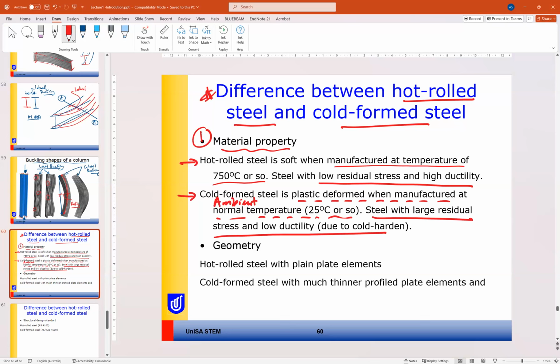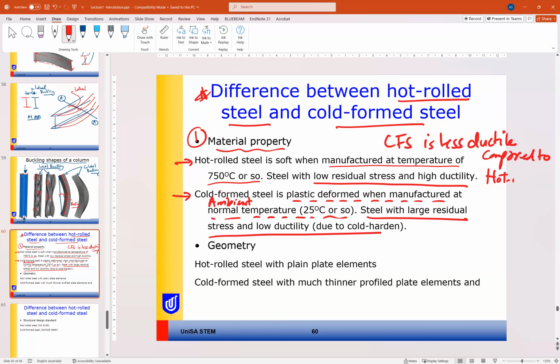Another effect of the manufacturing process is the ductility. So cold formed steel is less ductile compared to hot rolled. This doesn't mean it is not ductile, but it has less ductility compared to the hot rolled steel. The second one is the geometry.